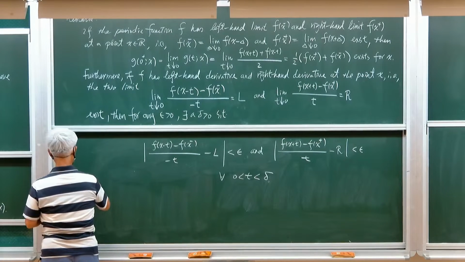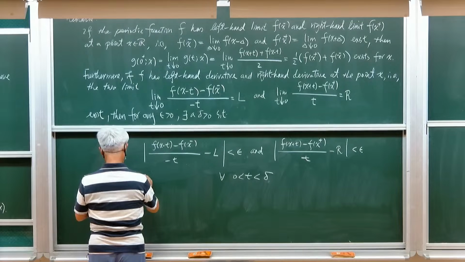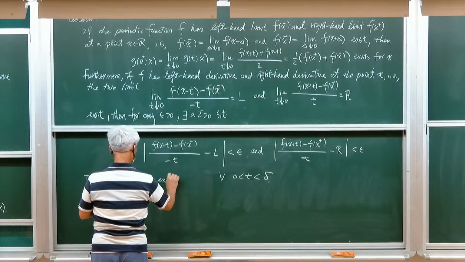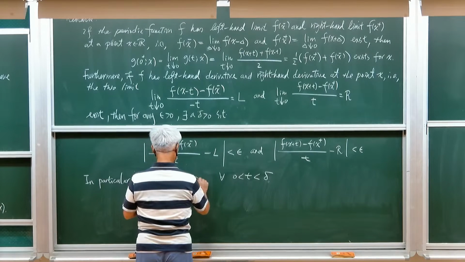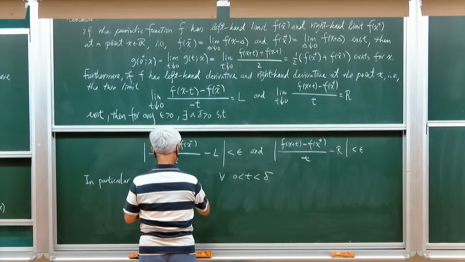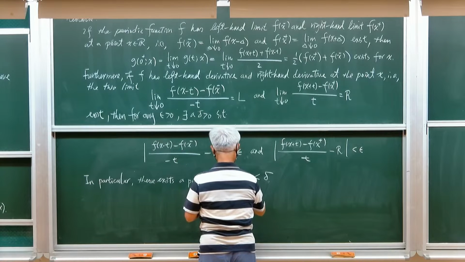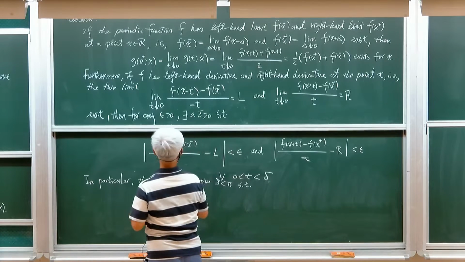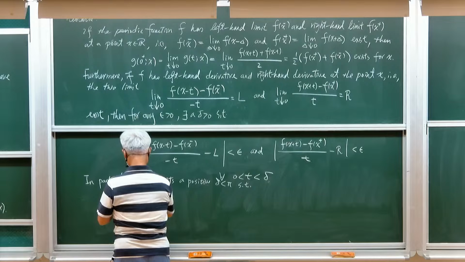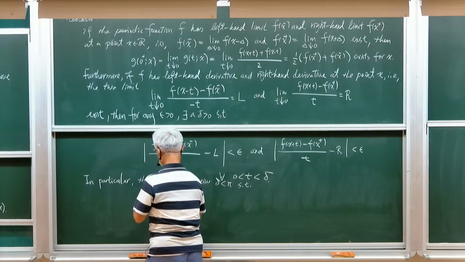Okay, so in particular, there exists a positive delta less than pi, such that from here we know f(x minus t) minus f(x minus), divided by minus t.